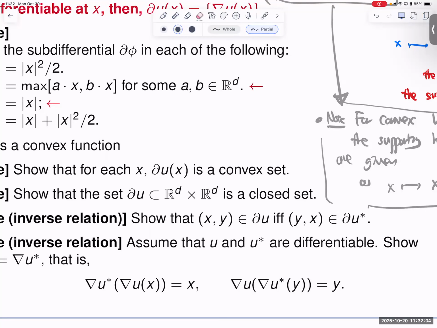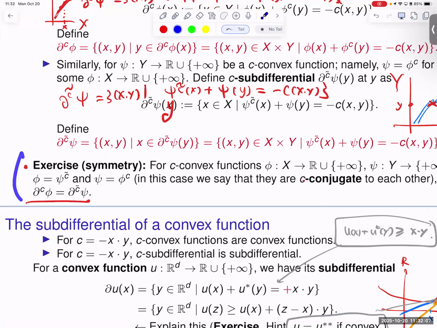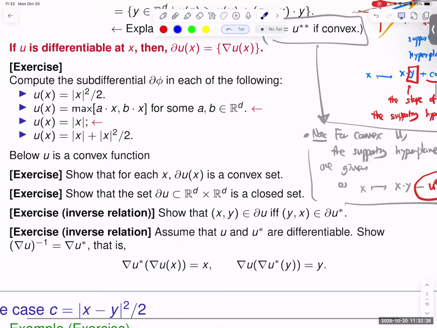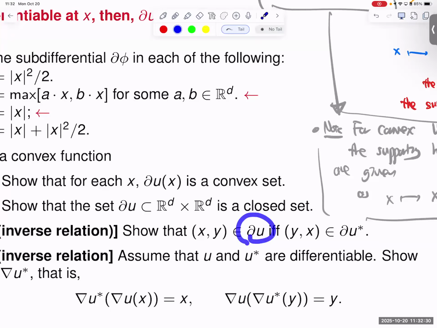If you apply this to the Legendre transform, phi is the Legendre transform of psi, and psi is the Legendre transform of phi, then their subdifferentials should be equal. So that is this statement: the subdifferential of u, for each x you collect those y's, is the same as the subdifferential of u star, for each y you collect those x. The equal set.